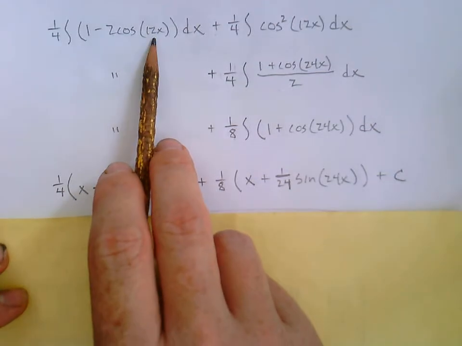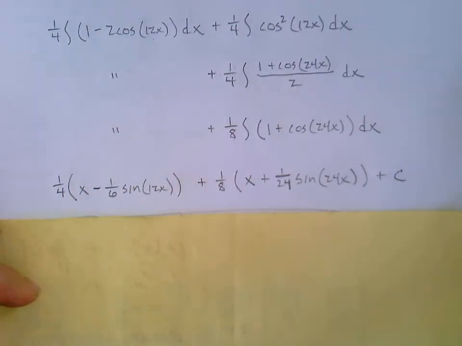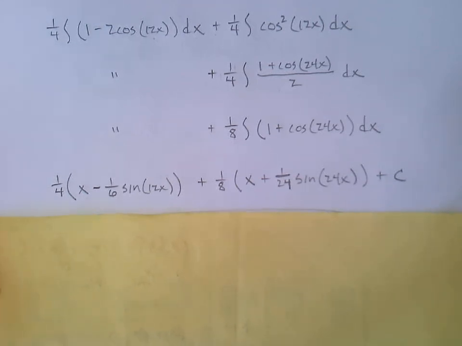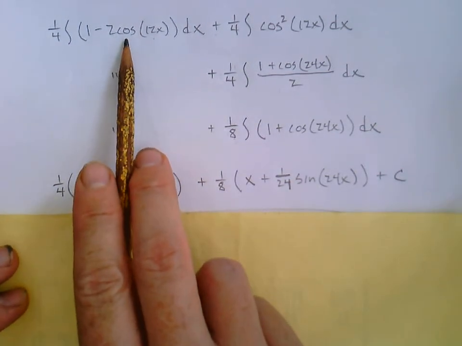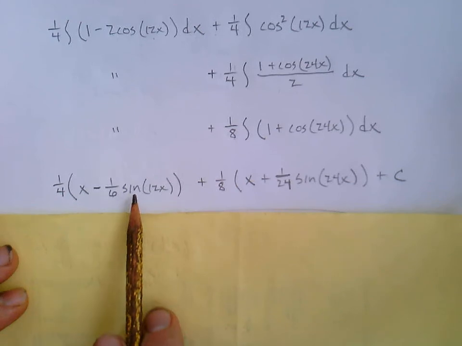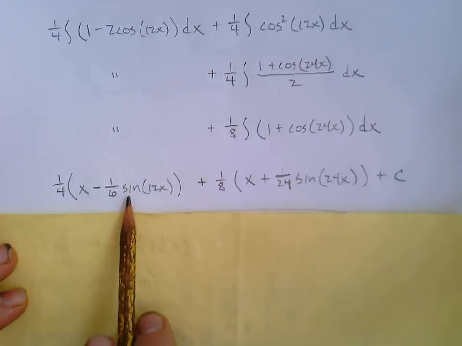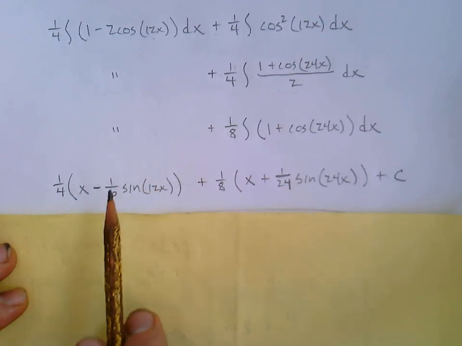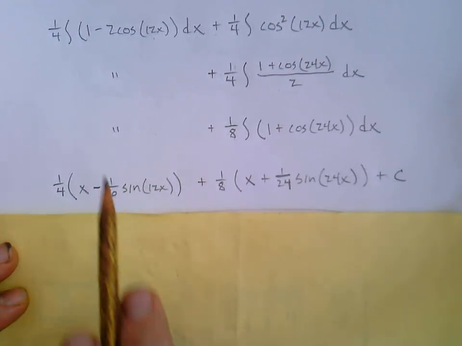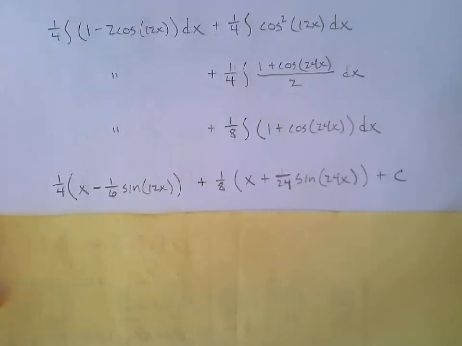Take u to be the 12x. However, this is, as far as u subs go, a very simple one, and maybe you can just think through it in reverse. So, well, cosine, right? That would have come from sine, so it'd have to be sine 12x. But if I took the derivative of sine 12x, I would then have to multiply by 12. So I need to multiply by a 1/6 here in order to end up with the 2.